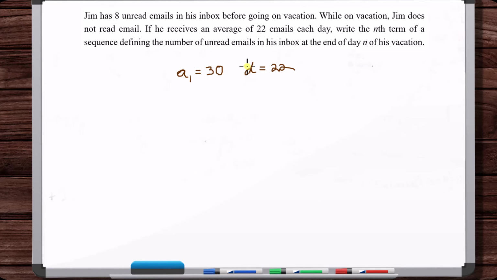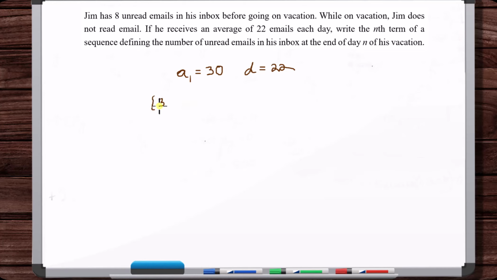And then it's asking to write A sub n for the number of unread emails at the end of each day. So after the second day, it'll be 30 plus 22. After the third day, it'll be 30 plus 22 plus 22, because 2 days passed. So now it's just like one of the previous problems. If we want to write a formula for the number of unread emails at the end of each day, this is a sequence, right?